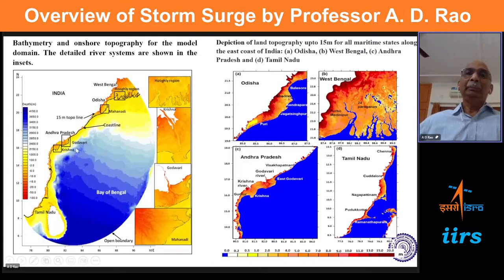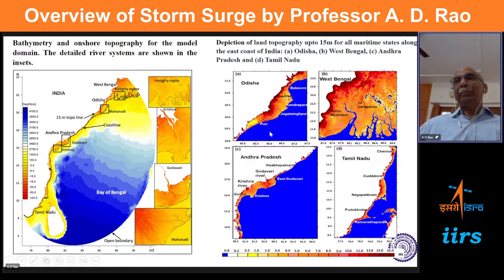I also considered all the river systems: the Hooghly region, the Mahanadi basin, the Godavari, the Krishna. I have taken these river systems in the model, and the details are given here, along with the bathymetry and the topography. Topography means the land.